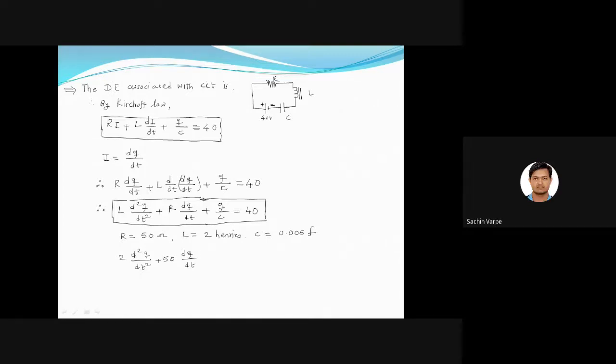The variable whose derivative is taken is the dependent variable, and the variable with respect to which we differentiate is the independent variable. Always remember. So here the derivative is of q, so the dependent variable is q. As we all know, the solution of a differential equation is the value of the dependent variable. That means the solution will give the value of q in terms of the independent variable, that is t.